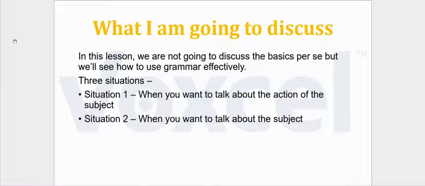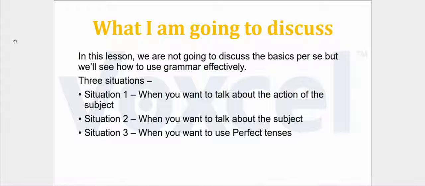Situation number two, when you want to talk about the subject. Basically subject is a person or a thing which is doing something, and what is object, on which that particular thing is being performed. Okay, so I will discuss a bit more about subject and object when we discuss situations in detail. So I will talk about them in a bit more detail later. So right now just focus on these situations.